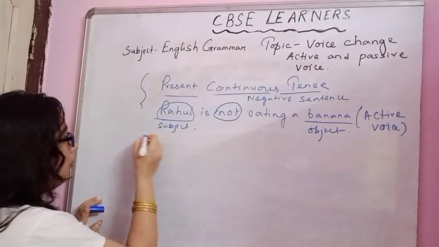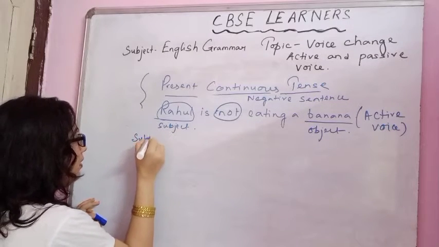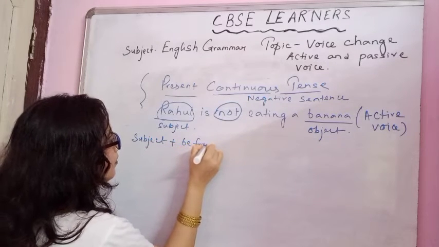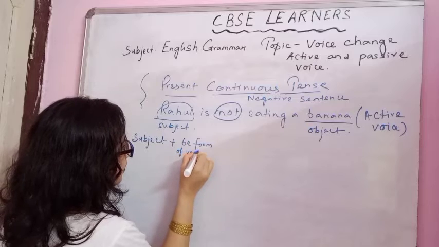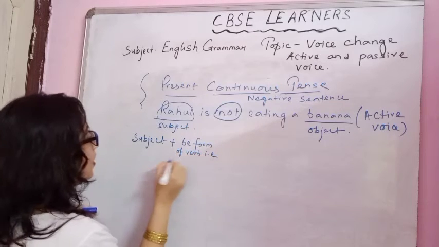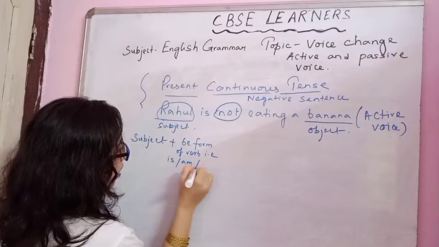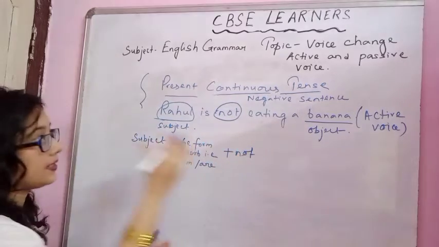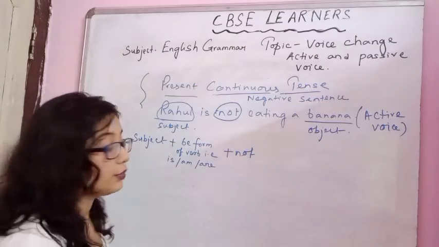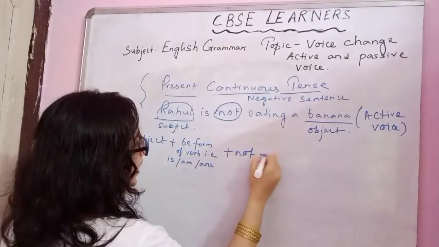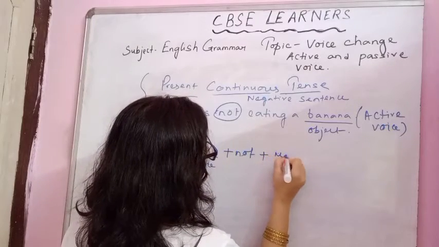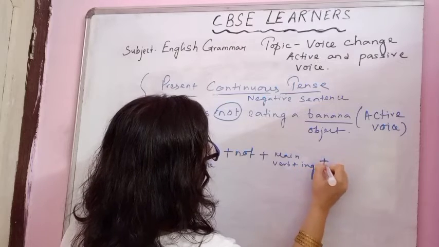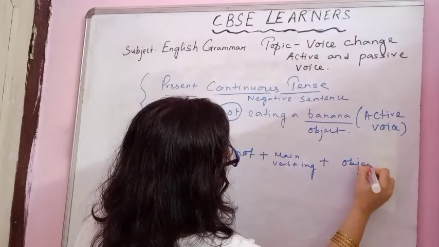First thing is subject we require, which is Rahul here, plus be form of verb, that is, is, am or are, plus not, since it is a negative sentence, plus the main verb with ing, verb plus ing.